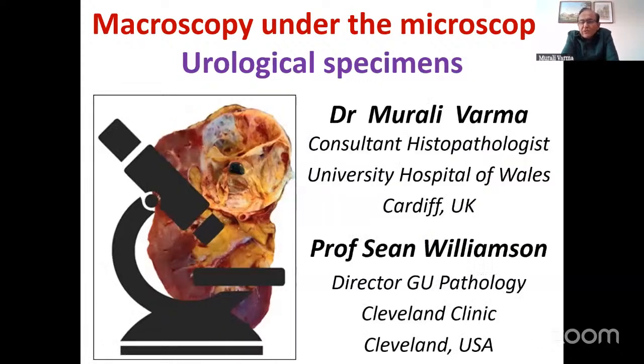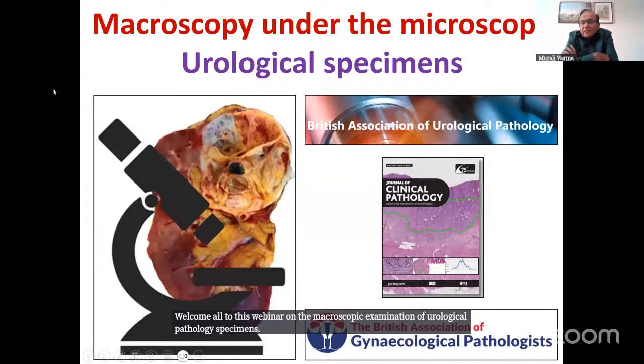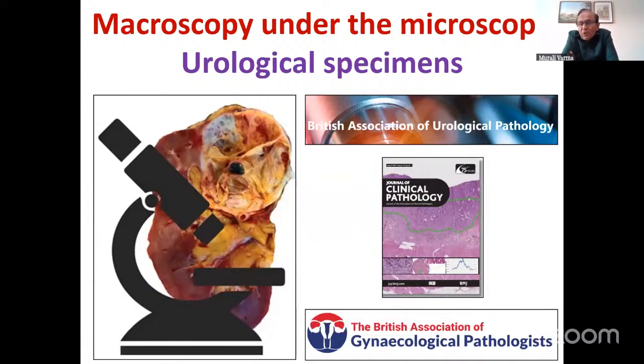Welcome all to this webinar on the macroscopic examination of urological pathology specimens. These webinars have been sponsored by the British Association of Urological Pathologists, the British Association of Gynecological Pathologists, and the Journal of Clinical Pathology.